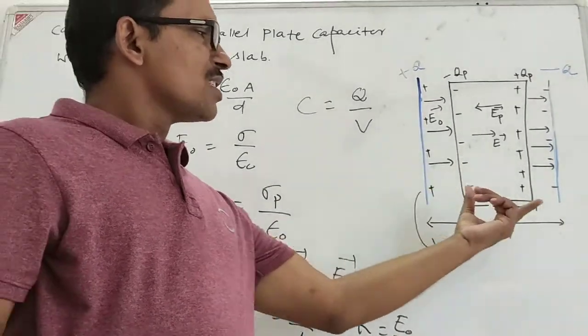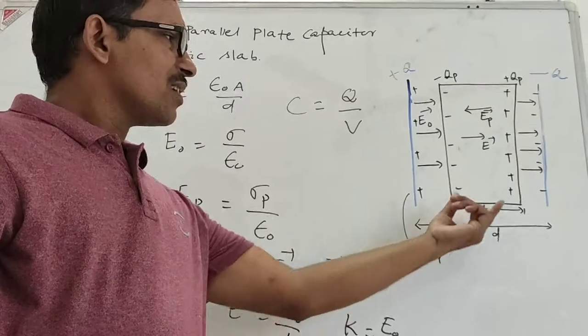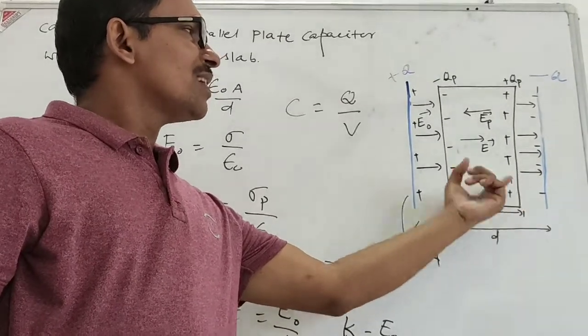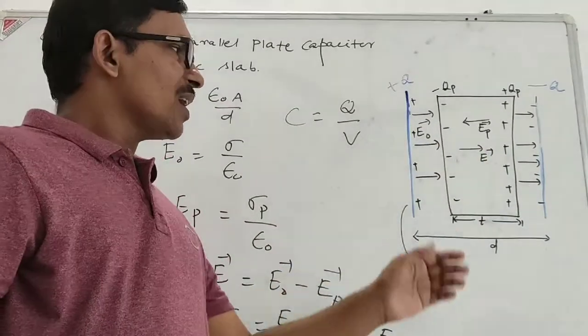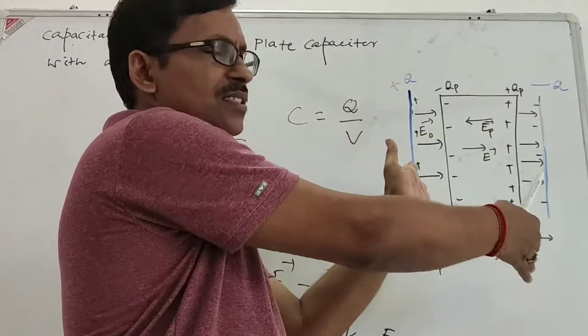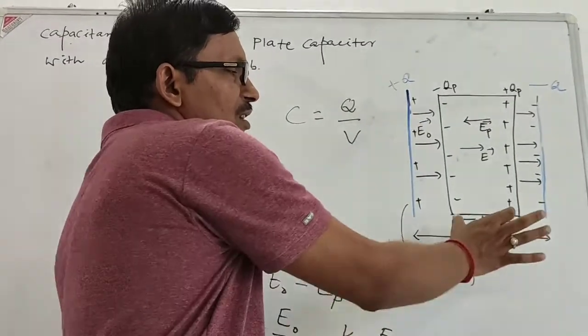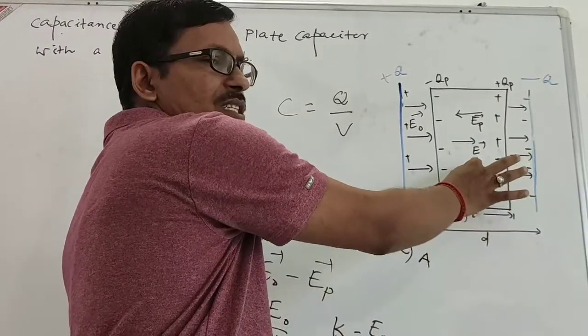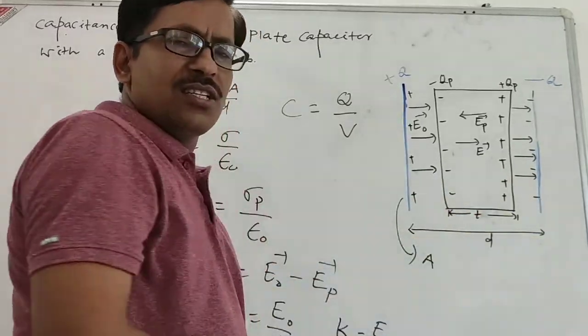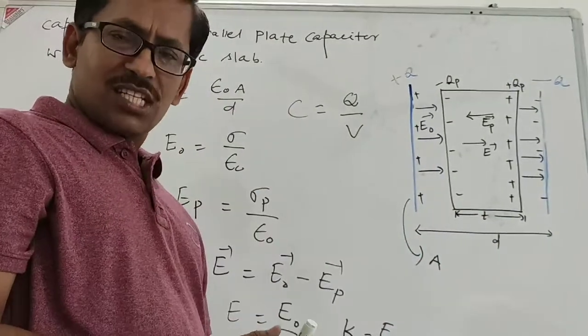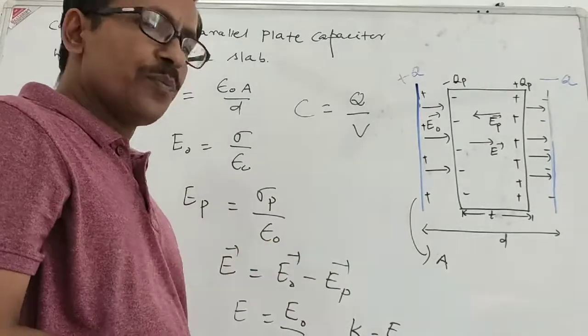So now in the region between the two plates, in this thickness T of the slab, the electric field is E, and in the rest of the space, D minus T, the electric field will be E0.